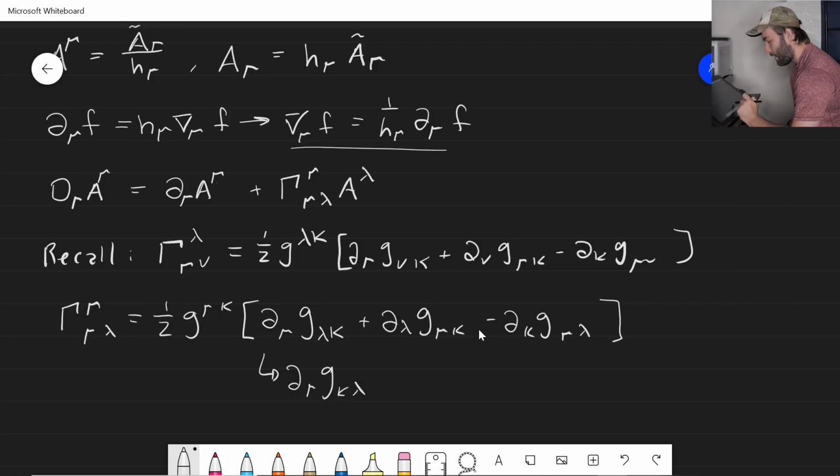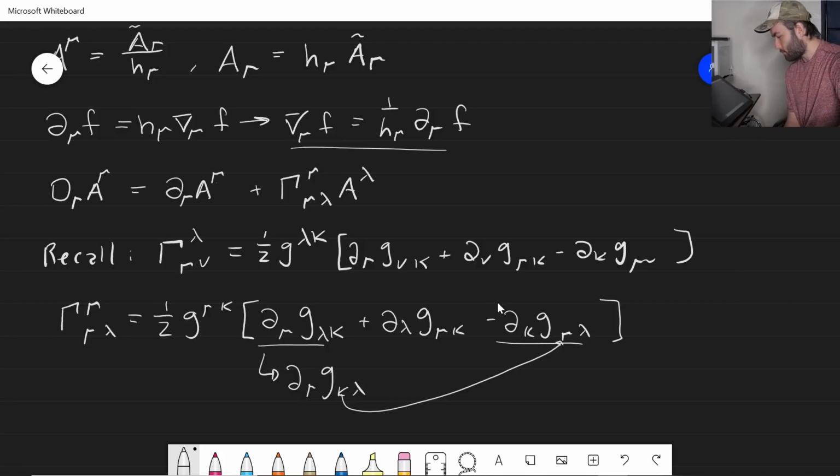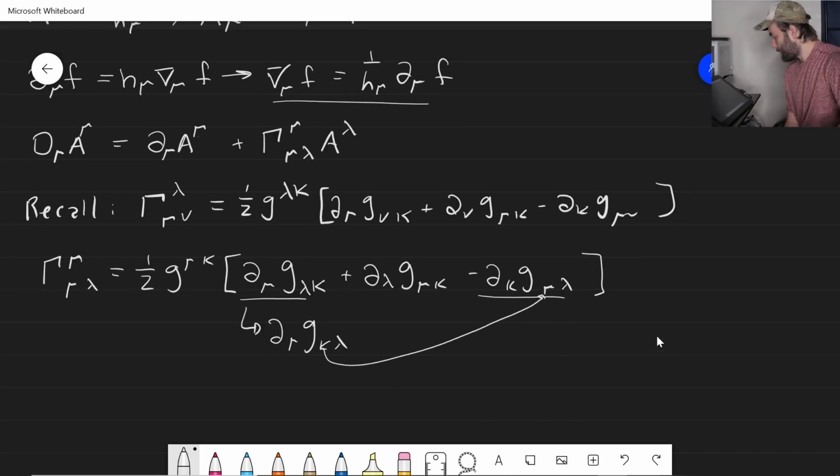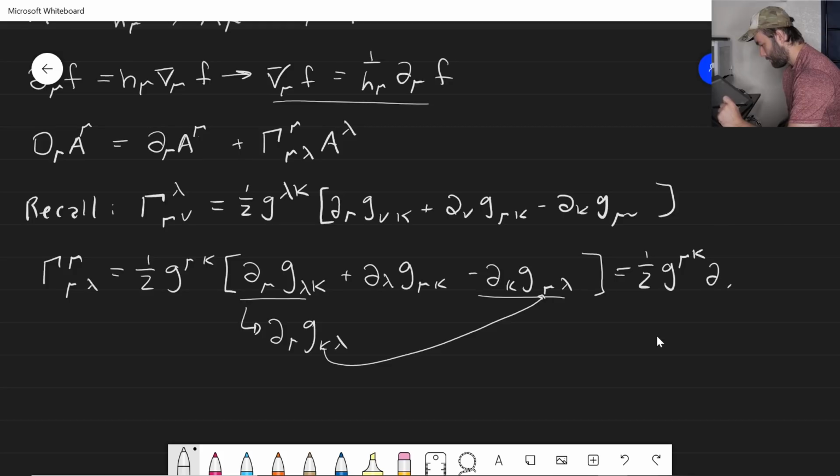And we're summing over k, so we can rename that k variable to match this mu variable here. And what I'm getting at is that these two terms cancel. The metric is symmetric, and we're summing over those two variables, so these are the same term, and they cancel. So these connection coefficients simplify, and it just becomes 1/2 g^{mu k} d_lambda g_{mu k}.